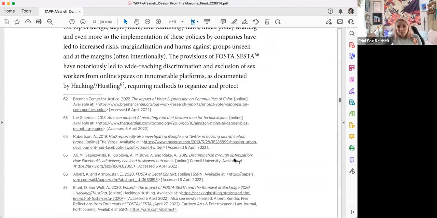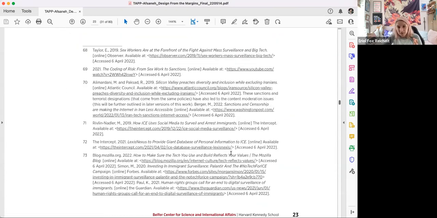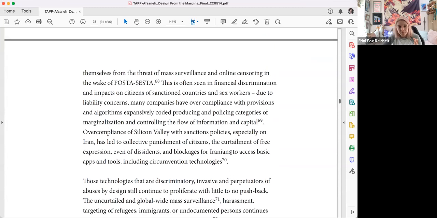On page 23, I made a note because there's some interesting talk about FOSTA-SESTA, which I'm interested in, and how it's impacted sex workers. It made me think of something I discovered early in my career, which was that there is a stigma of designing for sex work.